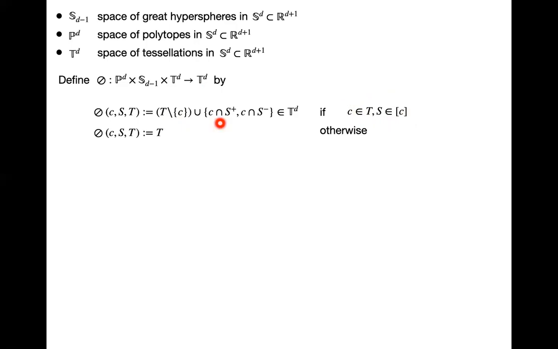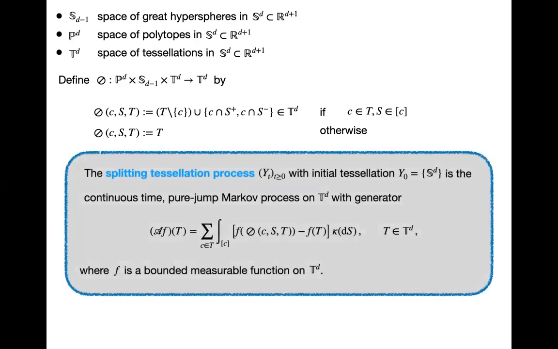You decompose this cell into the two subcells that are generated by this great hypersphere, namely the cell which is left or right in one of the two subspaces generated by this great hypersphere, and the other one, and you take these two new cells in. And if these conditions are not fulfilled, then you define this trivially, you just do nothing. And now you can also formally define a stochastic process, namely the splitting tessellation process YT.